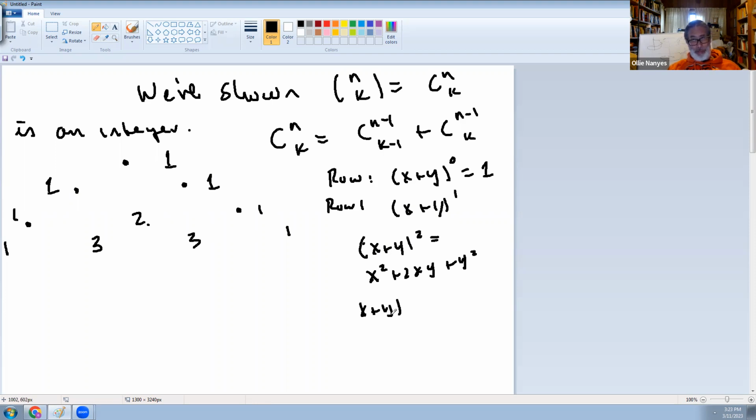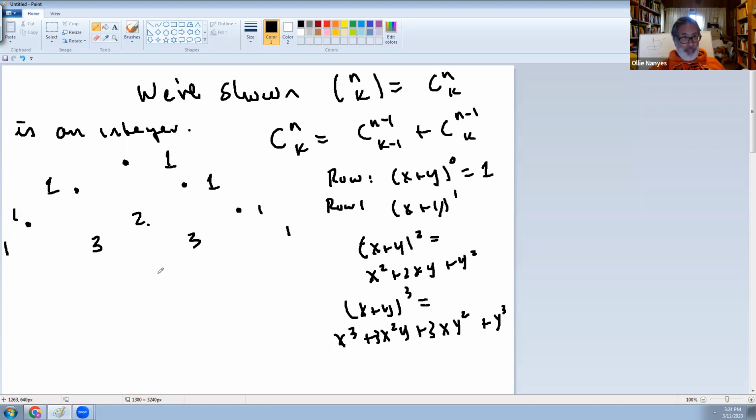Now, if you put x plus y cubed, we can read off what you get. x cubed plus 3x squared y plus 3x y squared plus y cubed, and so forth.